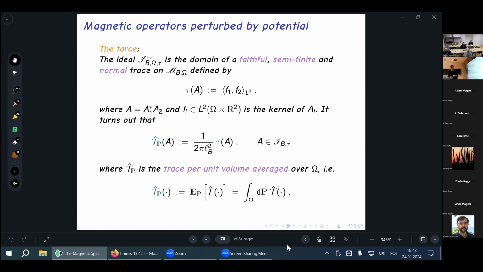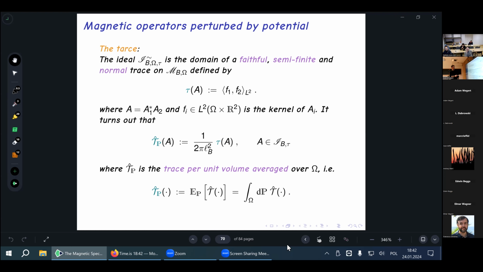Any element is a product of two elements of this type, A1 and A2. And these are elements, remember, of the left regular representation of the crossed product, of a kernel. And the kernel of these, A1 and A2, is of the type L2 of omega. I can compute this scalar product with respect to this L2.